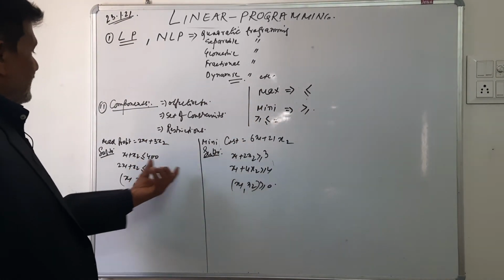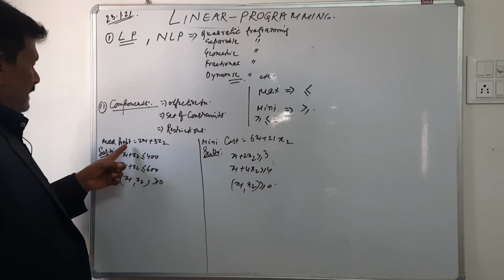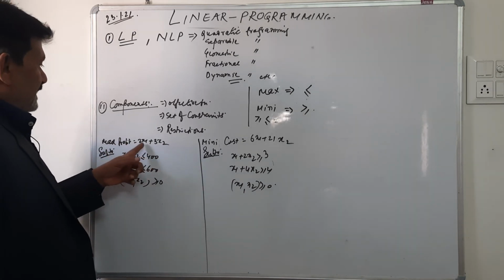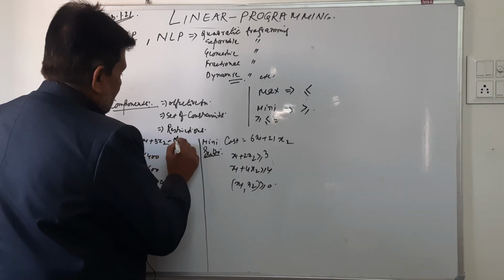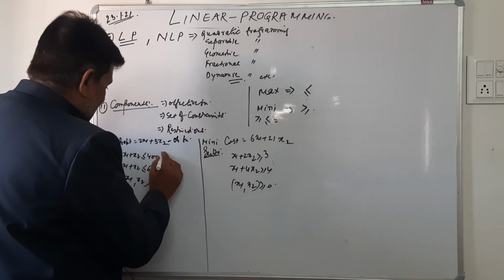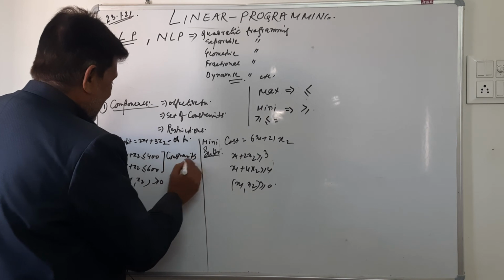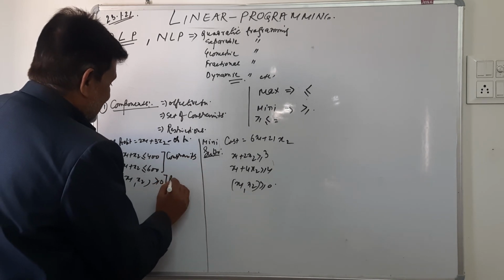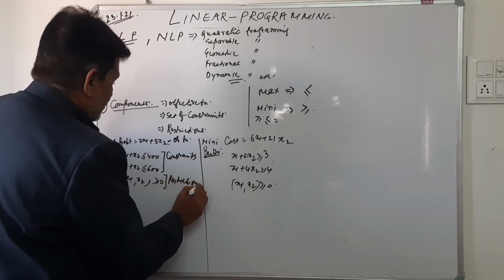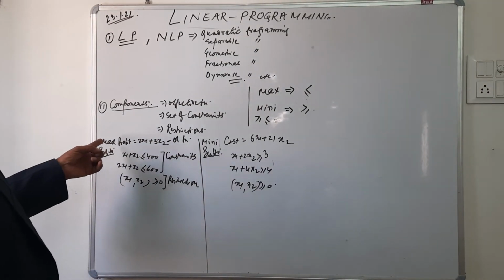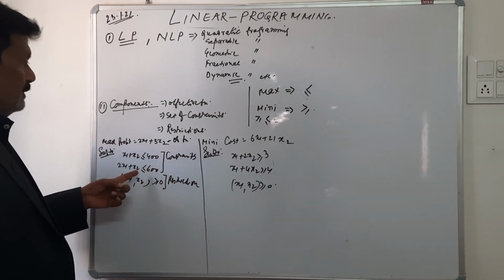Now, I am citing two examples. This is maximization of profit. This is the objective function, this is the set of constraints, and this is the restriction. If it is a maximization program, we have a less than or equal to inequality.